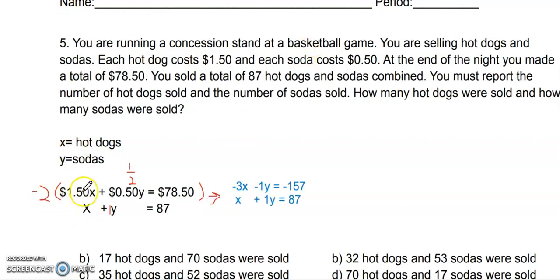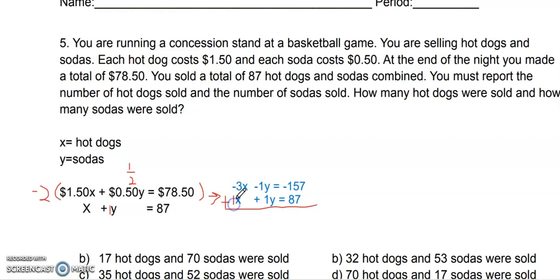Alright, so -2 times 1.5 becomes -3. -2 times 1/2 becomes -1. And then -2 times $78.50 becomes -157. I left the second equation alone, and now I'm going to line these up to use the elimination method.